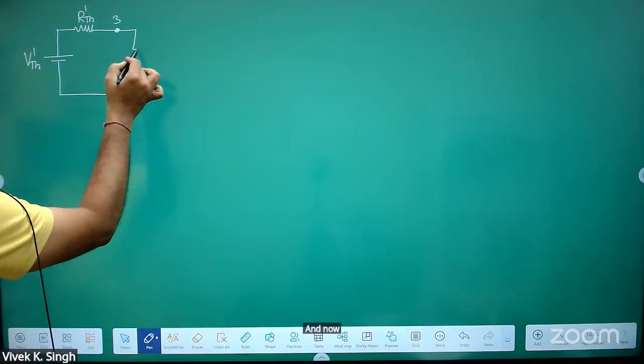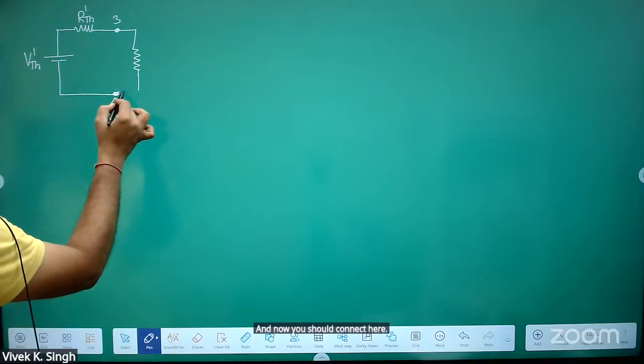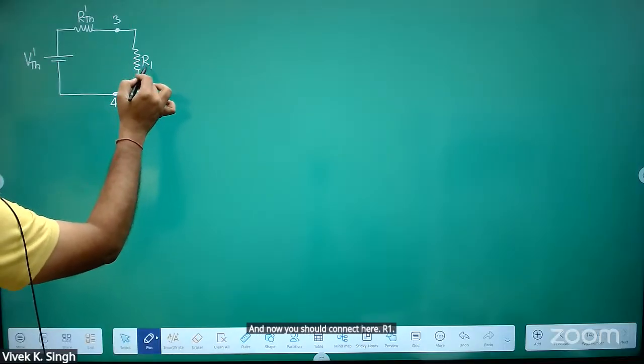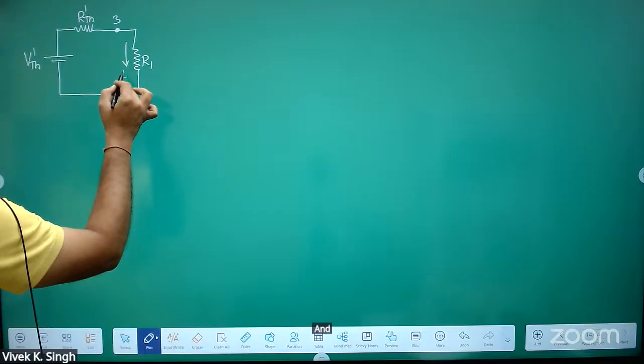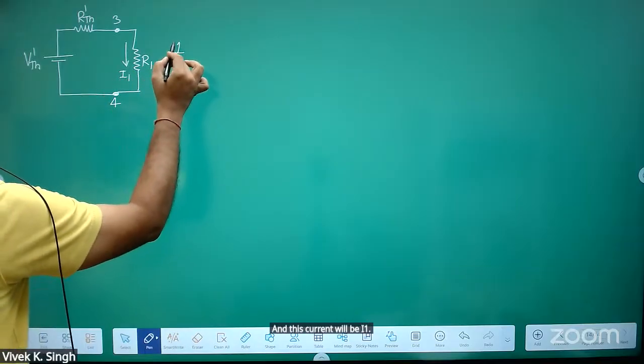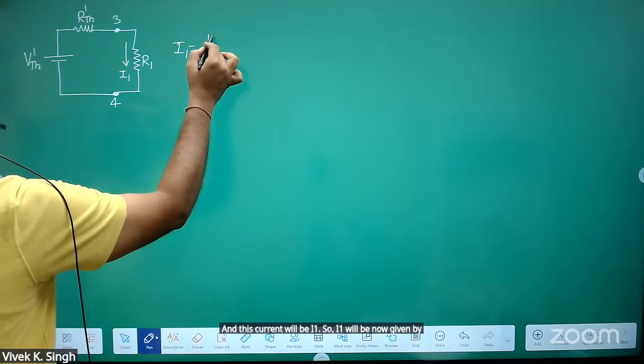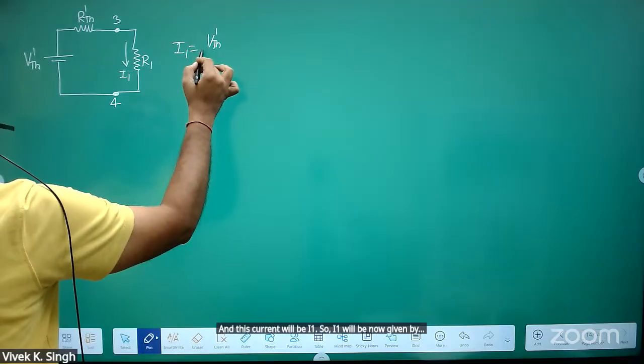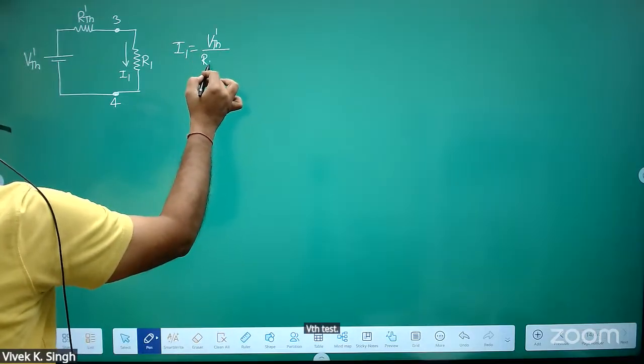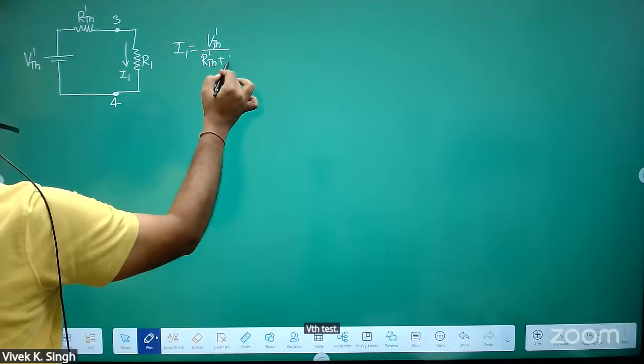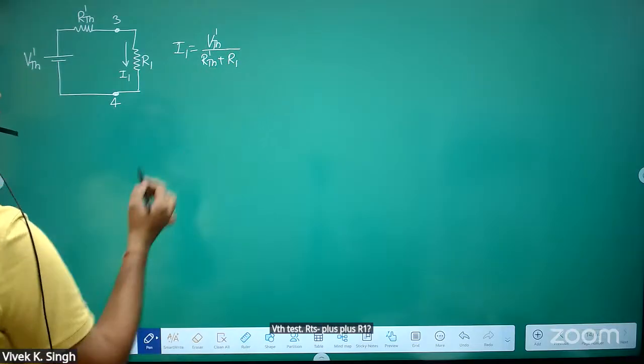And now you should connect here R1. And this current will be I1. So I1 will be now given by VTH dash by RTH dash plus R1. Yes or no?